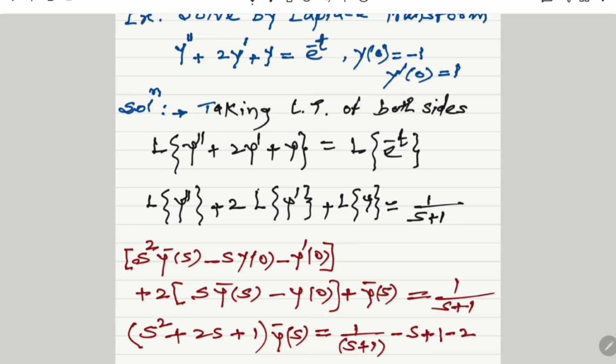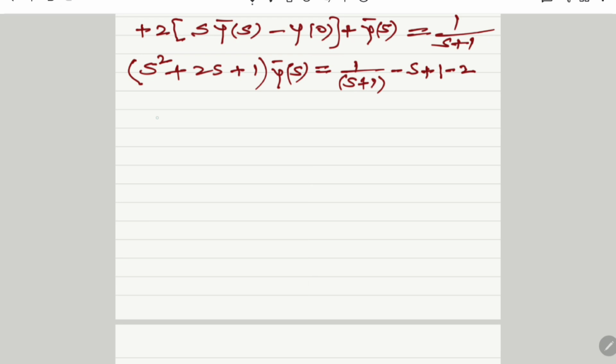Then simplifying, this s square plus 2s plus 1 is the perfect square of s plus 1, so s plus 1 whole square into y bar of s is equal to 1 upon s plus 1, and 1 minus 2 is minus 1 and minus s. Taking the minus sign common, we get s plus 1.